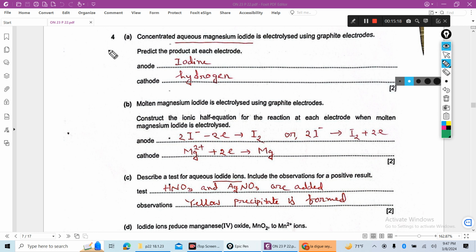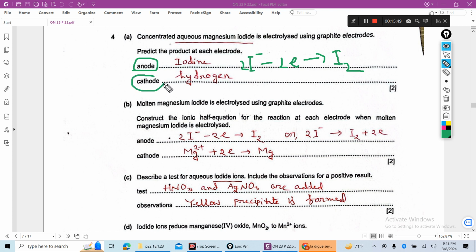Now number 4: concentrated aqueous magnesium iodide is electrolyzed using graphite electrodes. Predict the products at each electrode. At the anode, iodide ions are oxidized to produce iodine.